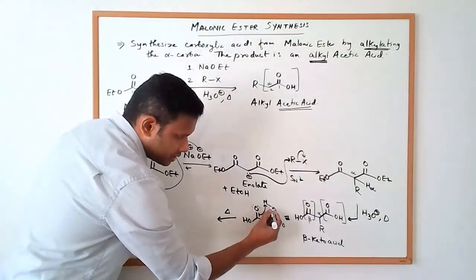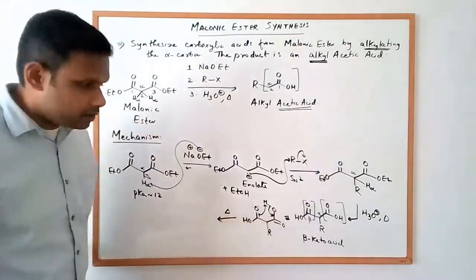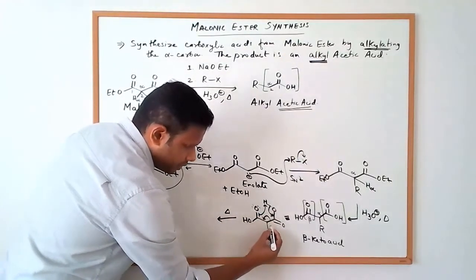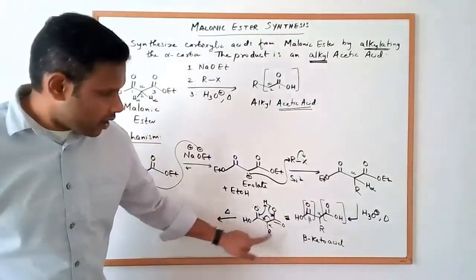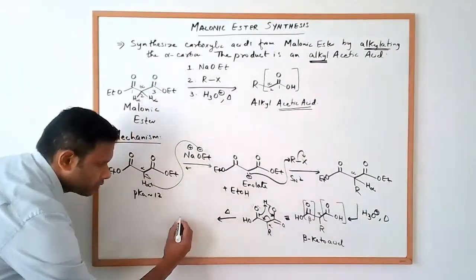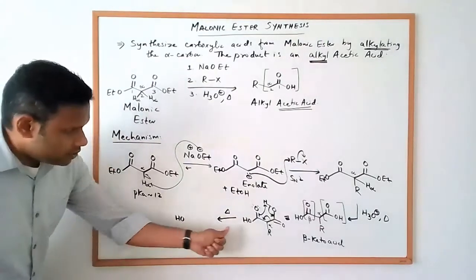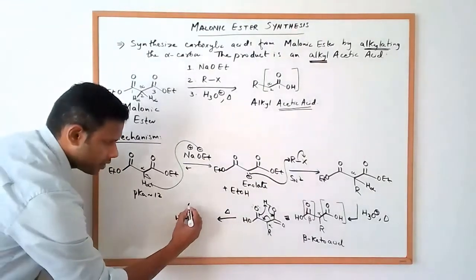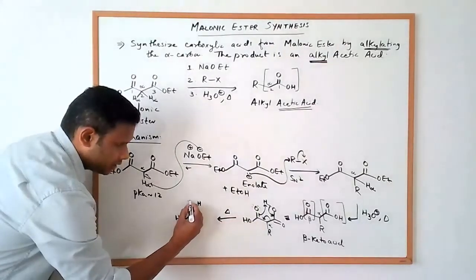And then simultaneously, the single bond here becomes a double bond between the carbon and the oxygen, and it breaks the single bond here between the alpha carbon and that other acyl carbon. So if we look at the fragments and try to redraw what we got here, we have an OH, which is connected to a carbon-oxygen single bond now. And this oxygen should have a hydrogen on it.